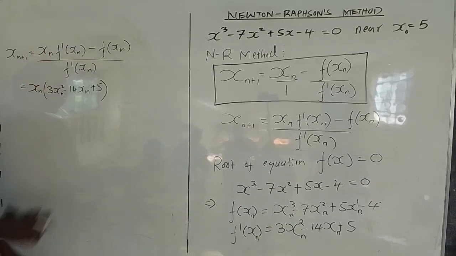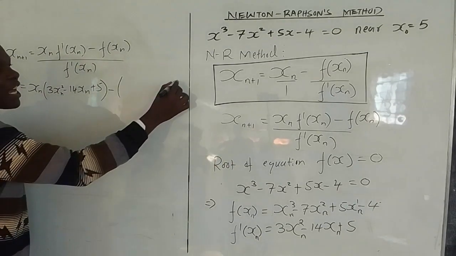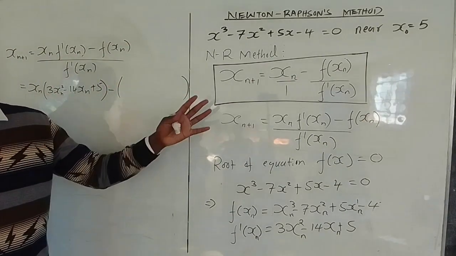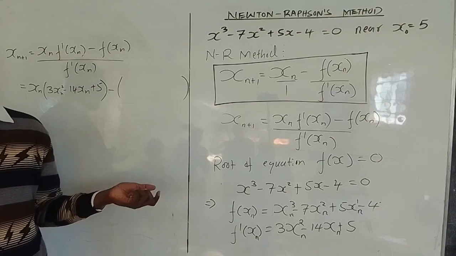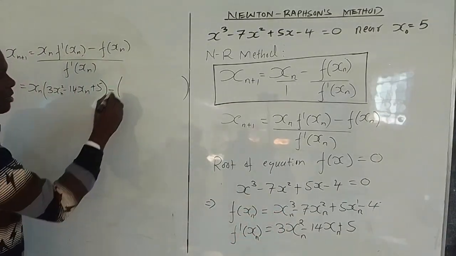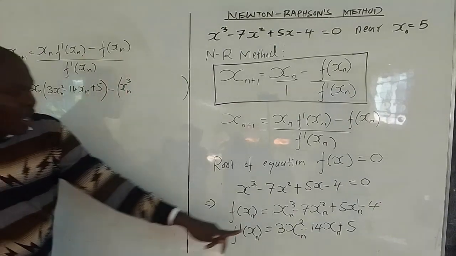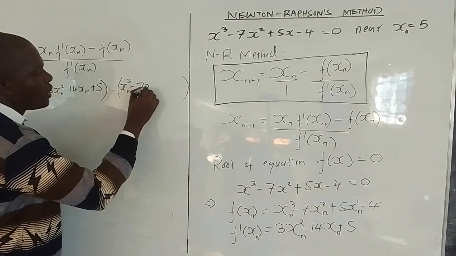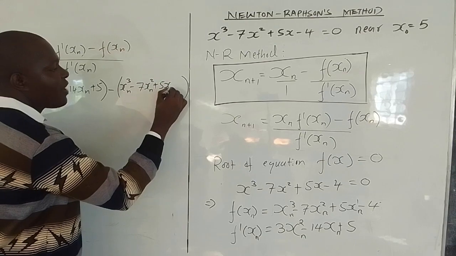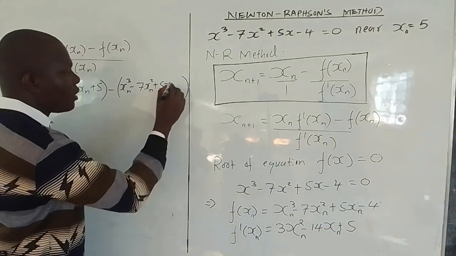Then it is minus f of xn. You must put it in bracket to show that the whole of that is the value of f of xn. So what is f of xn from there? xn cubed minus 7xn squared plus 5xn, because 1 is silent, minus 4.